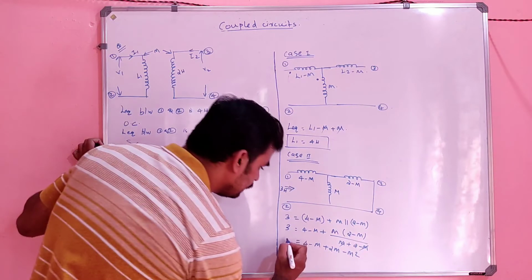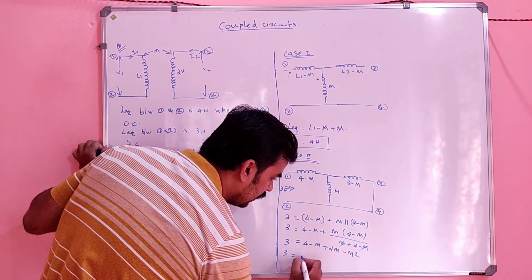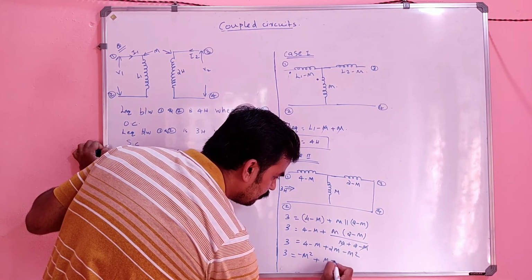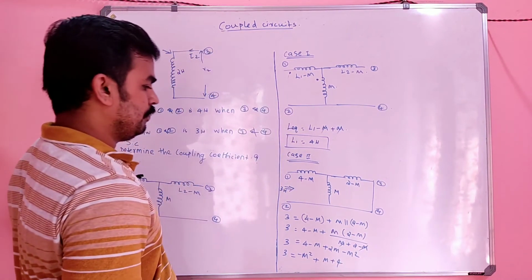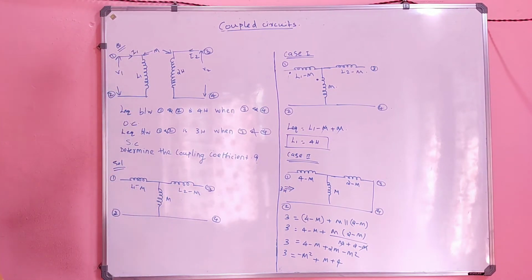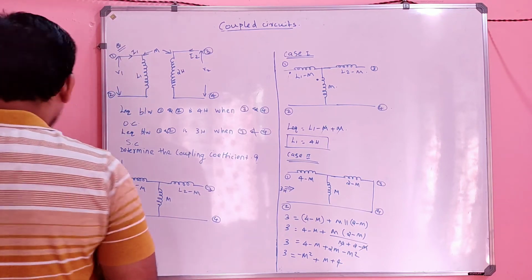Okay, and 3 will be equal to, what is that? Minus m square plus m plus 4, correct? So m square plus m minus m square plus m plus 4 equal to 3, correct? So can I rub this?